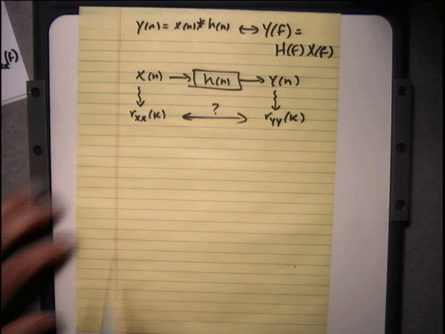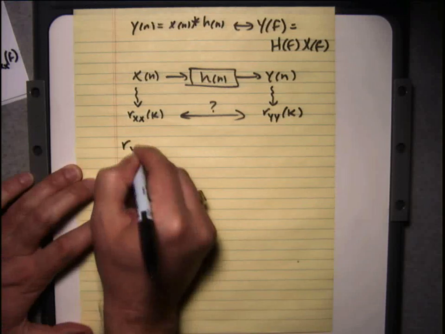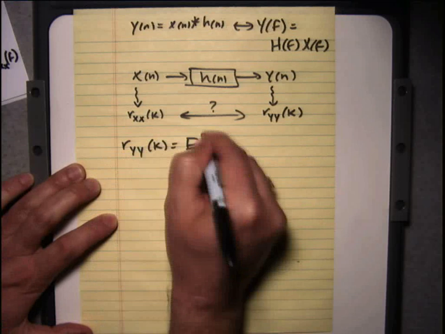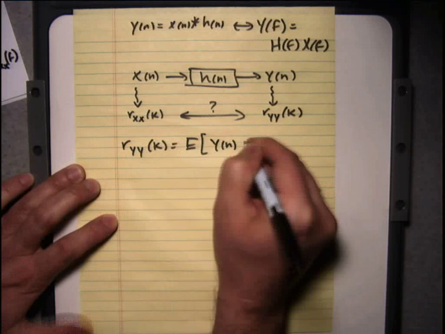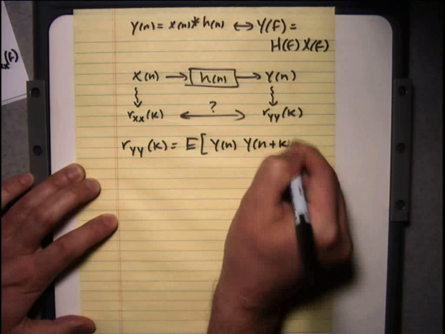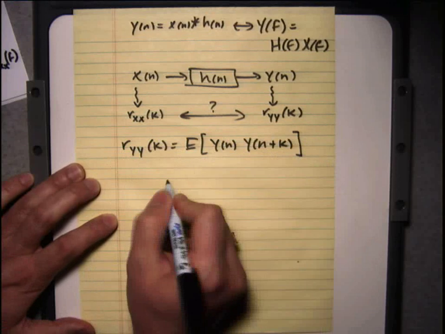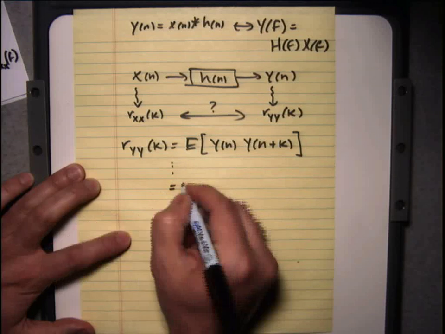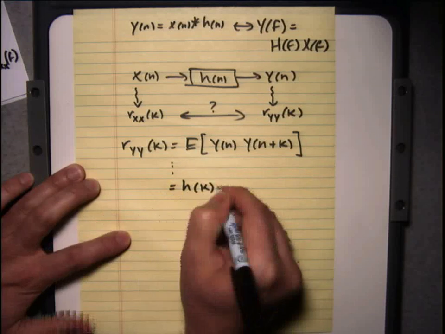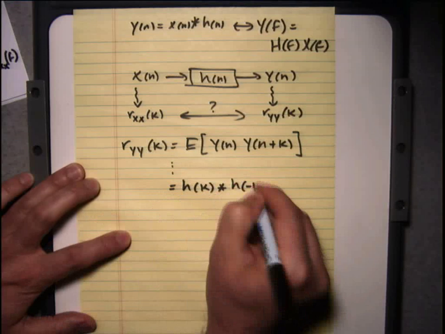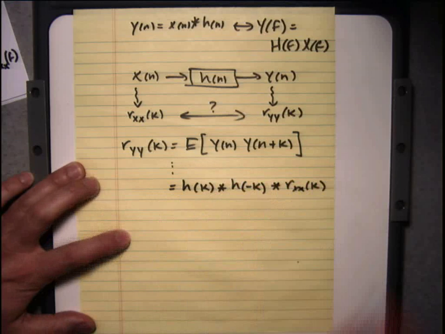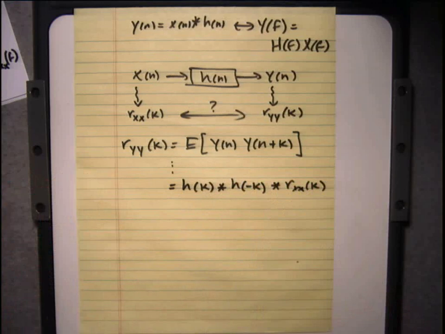So here's what happens. Ryy, the definition of this, of course, is expected value of y of n times y of n plus k. Now I'm not going to go through the algebra for this. This turns out to be equal to h of k convolved with h of minus k convolved with Rxx. So the impulse response plays a role.